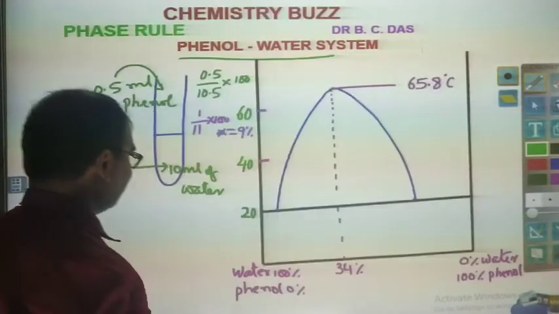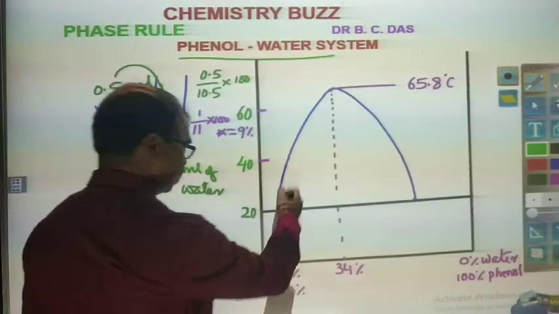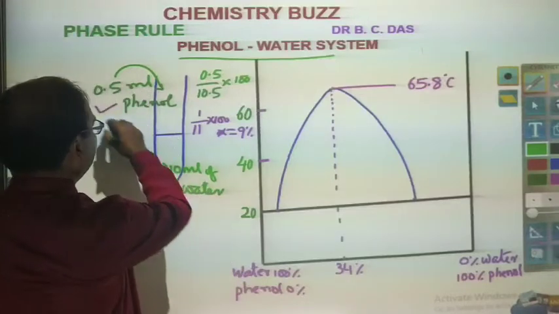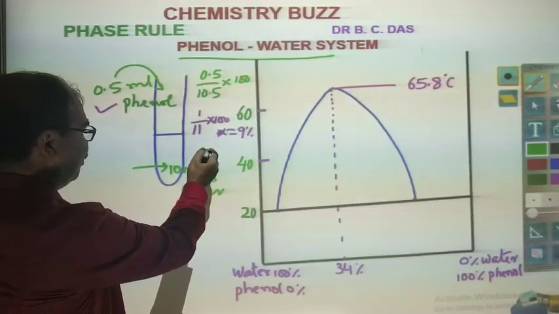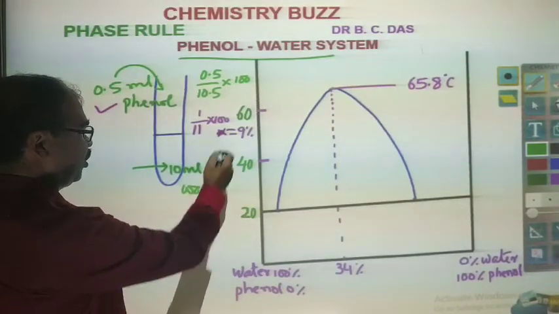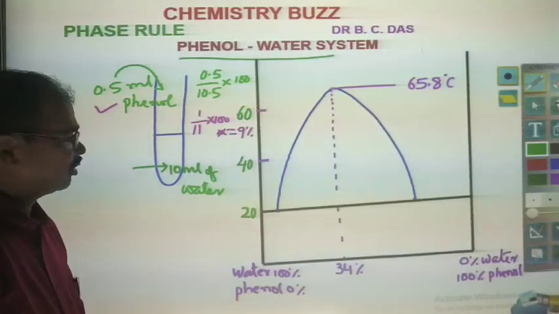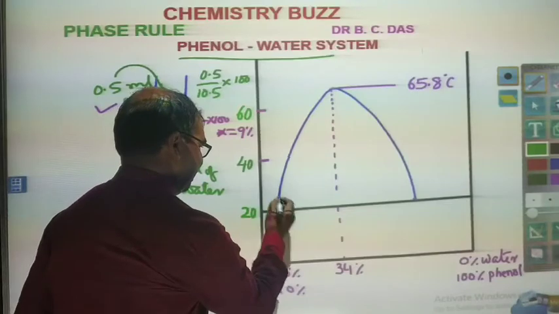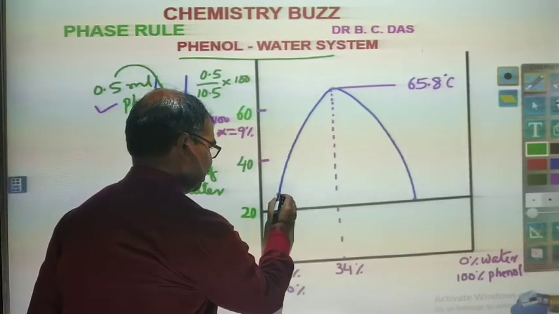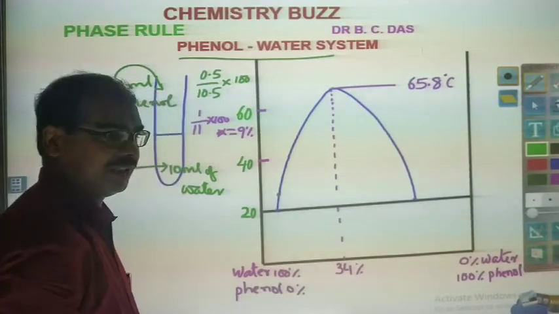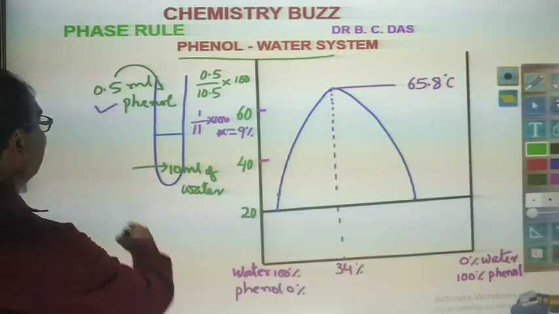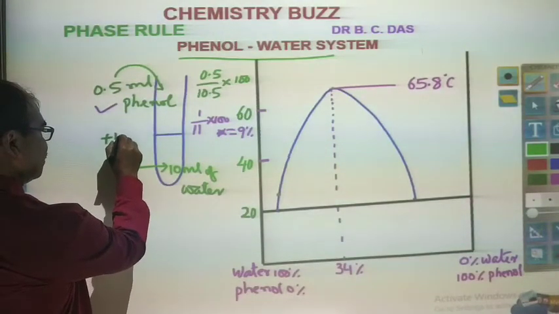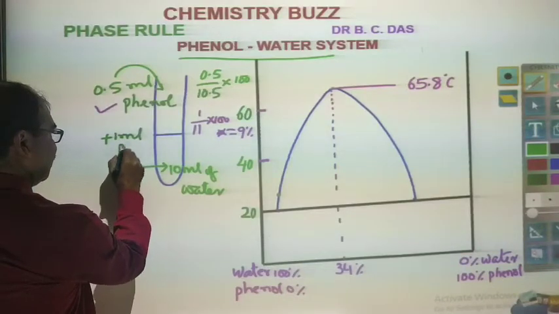So now coming to the graph, this corresponds to 5%. And when we have added 1 ml of phenol to 10 ml of water, the percentage composition of phenol becomes 9%, and when we heated it, it becomes miscible at this temperature. Again, you add 1 milliliter of phenol.